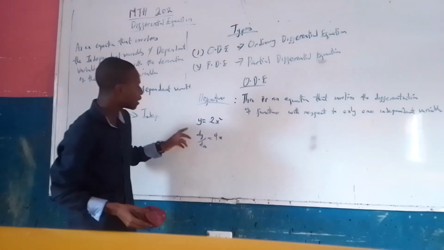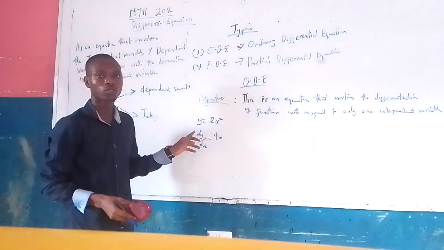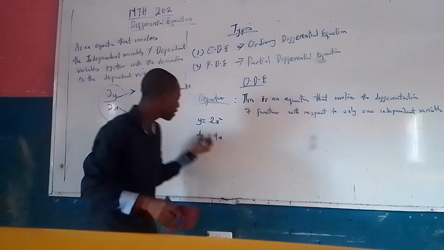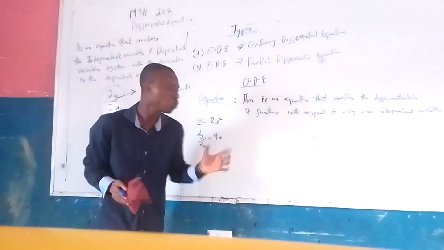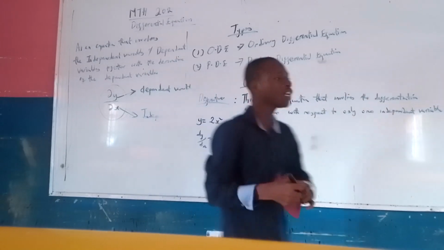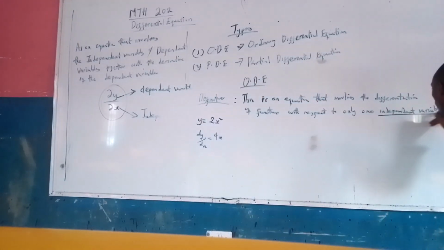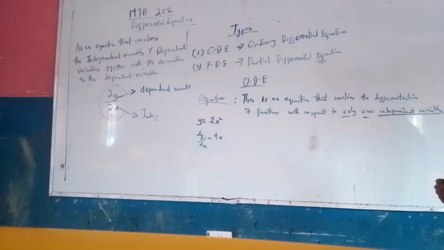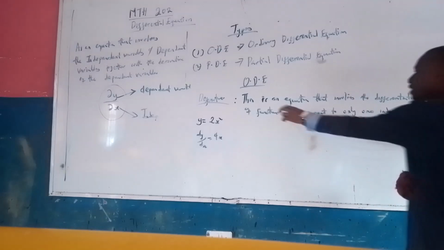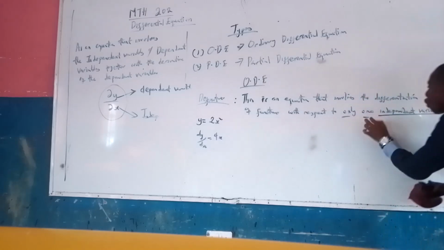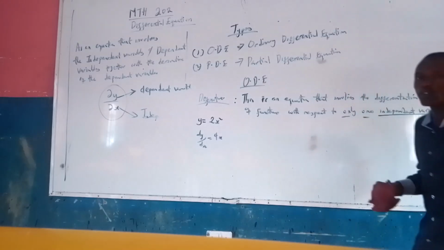If you look at it very well, this is a function, but anytime we are dealing with only one independent variable, then we call it an ODE. Independence is very essential, so take note of this: with respect to only one independent variable.